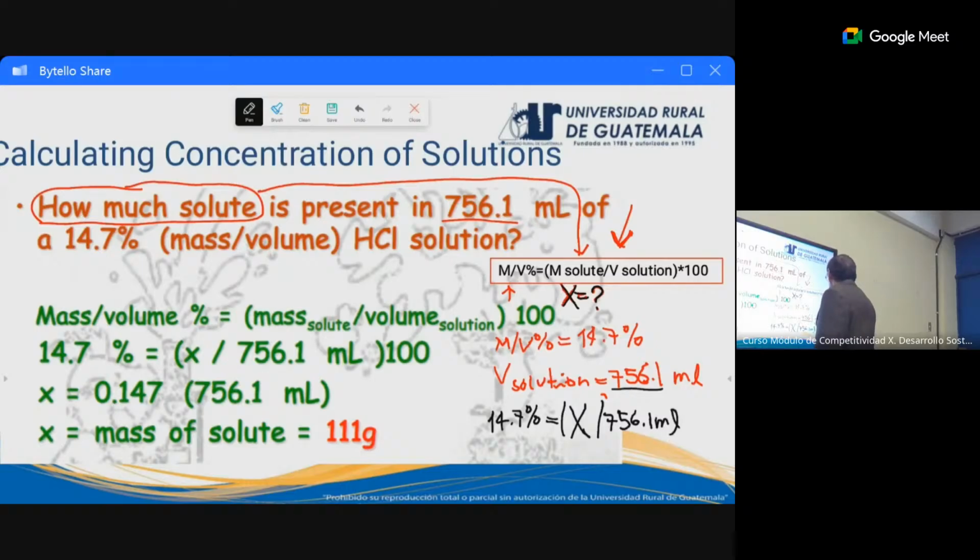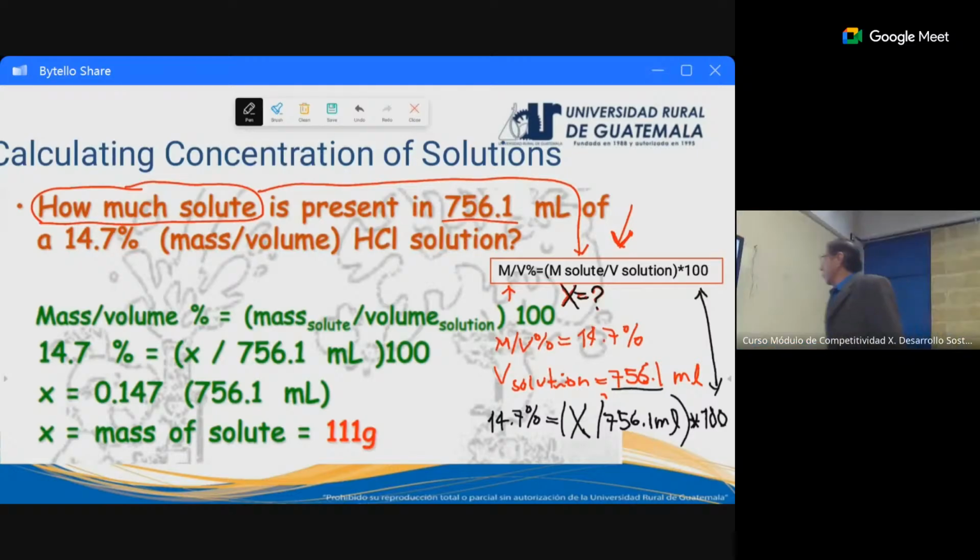And then we need to multiply it by 100, because we have this formula that says it is that way.